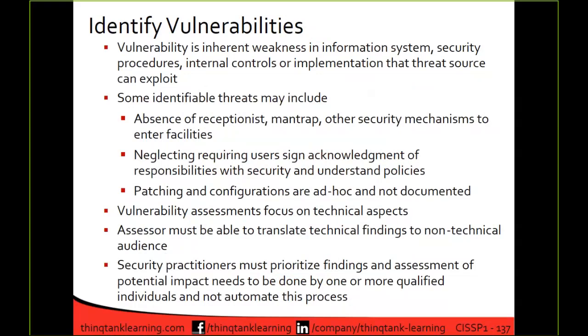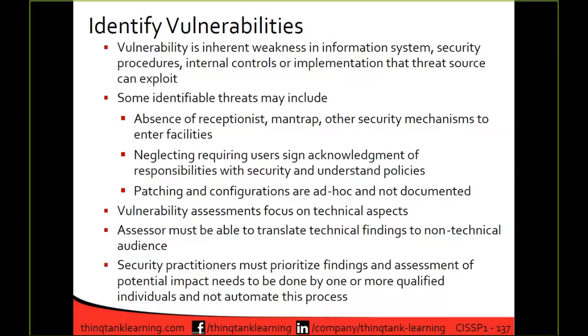Okay. So part of this risk assessment process is to identify vulnerabilities. A vulnerability is different than a threat. It's a very different concept. A vulnerability is an inherent weakness in your system. The threat might exist, but the vulnerability might not exist because you've already done something to mitigate that threat.